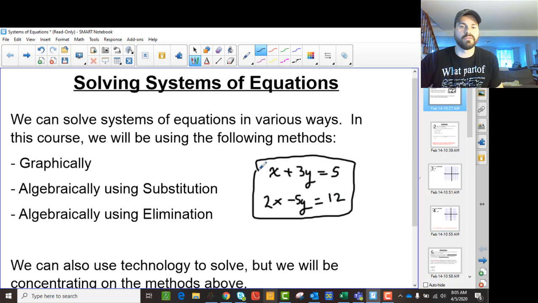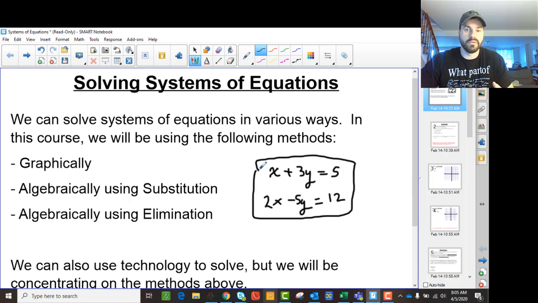So when we're talking about systems of equations, you guys are only going to talk about 2 by 2. You could have more variables and more systems, but x plus 3y equals 5 and 2x minus 5y equals 12 are both individual equations, but together they form a system of equations which allows us to find x and y. So we can use those equations in three ways.